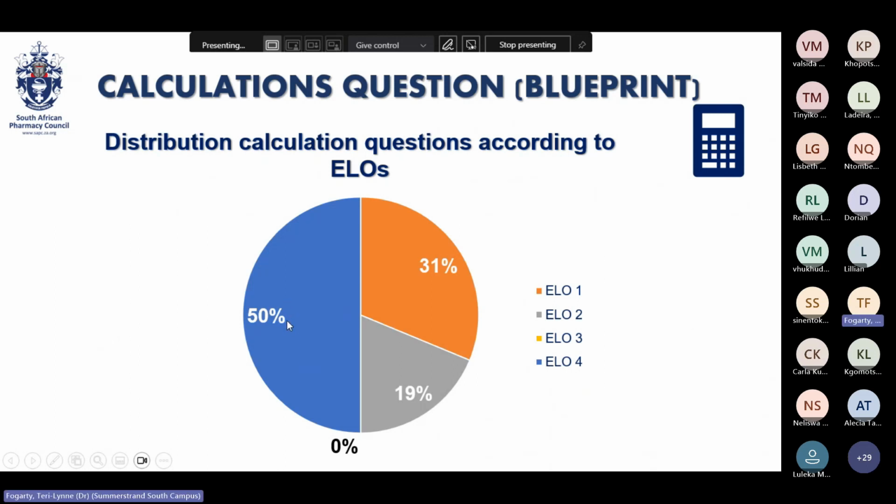ELO 4 being compounding. So 8 questions from compounding that are linked to calculations. And then between ELO 1 and ELO 2 are the other 8 questions. ELO 1 being basic scientific principles, and ELO 2 being stock management calculation questions.